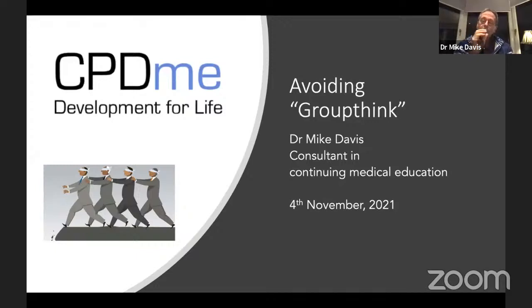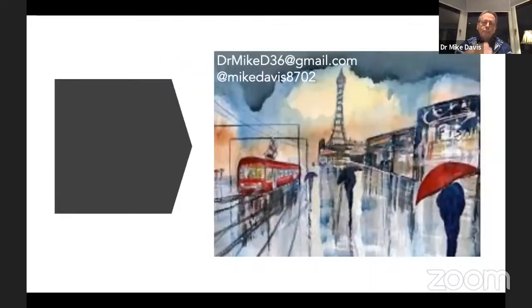So groupthink emerged as a way of accounting for a phenomenon where poor decision making arose out of essentially groups of able, capable people contributing to very poor decision making.